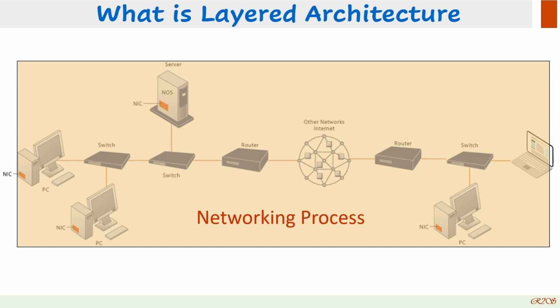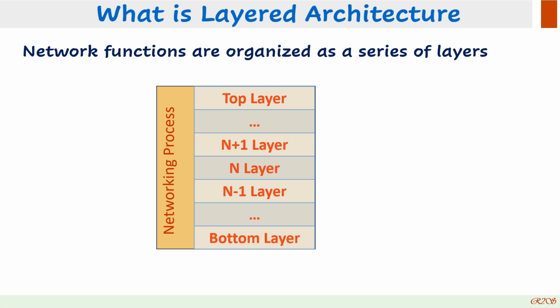To make this networking process simpler, more organized, and easier, the functions of the whole networking process are divided into layers based on some functions. In the figure, you can see the bottom layer, the top layer, layer n plus 1, and layer n minus 1.